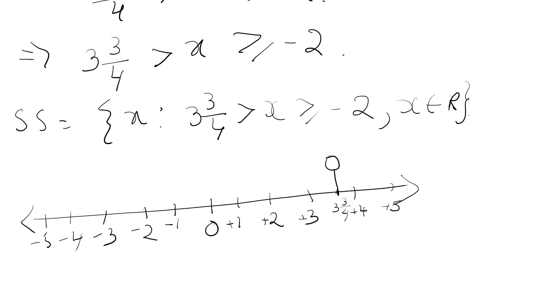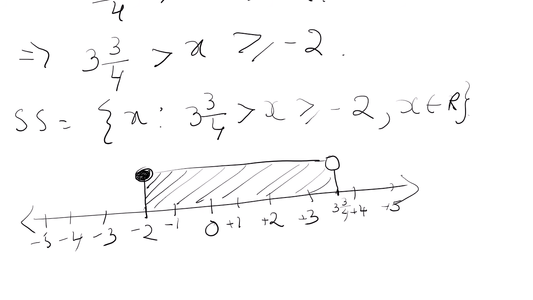And minus 2 has an equal to also, so it will be a solid one. And this is how you will represent.